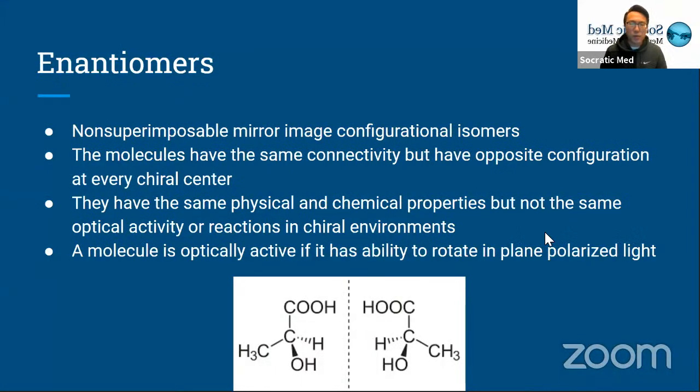So the first type of configurational isomer are enantiomers. These are non-superimposable mirror images. A classic example is your hand. Your hands look the same, they look identical, but if you flip one over, you can't put your hand on top of your other hand to make it symmetrical.